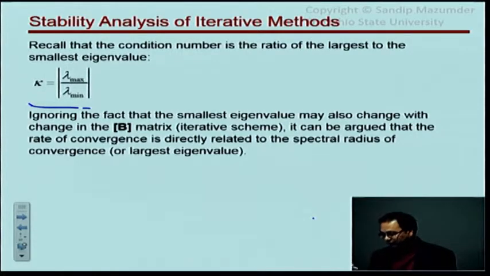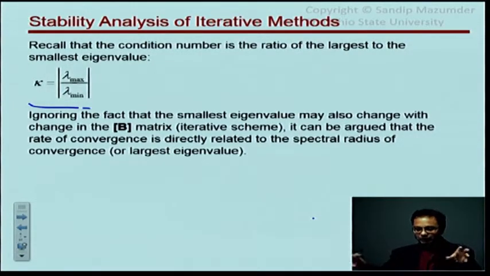And later on we will see that when you compare between two different methods, you can't just compare the spectral radius of convergence and say that one is better than the other. But when you're comparing the same method for two different mesh sizes, for example, then you can do that, because in that case the smallest eigenvalue doesn't change between the two mesh sizes, but the largest one does.